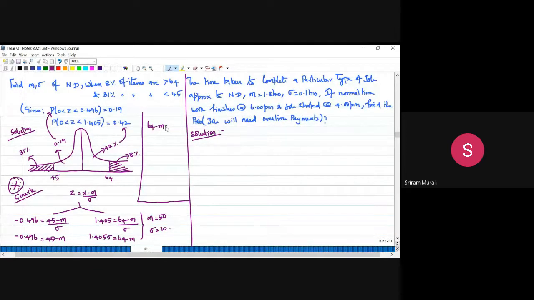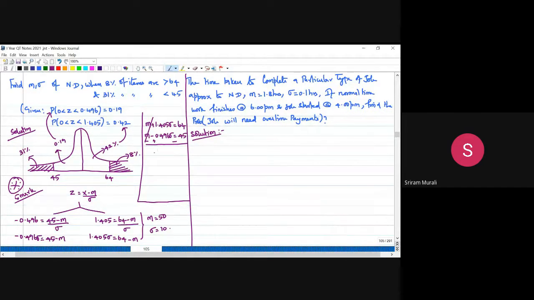Do you know how to solve this simultaneous equation? 64 minus m is equal to, sorry, m plus sigma is equal to 64. Sigma cross multiplied here. Correct? Shall we solve? Minus plus minus, m gets eliminated.